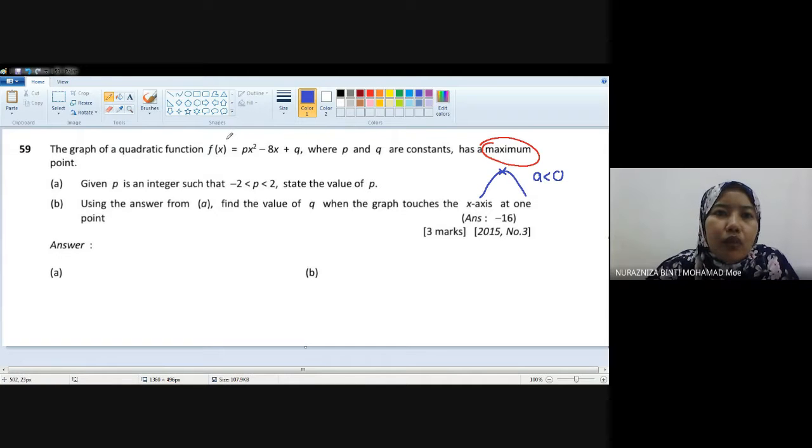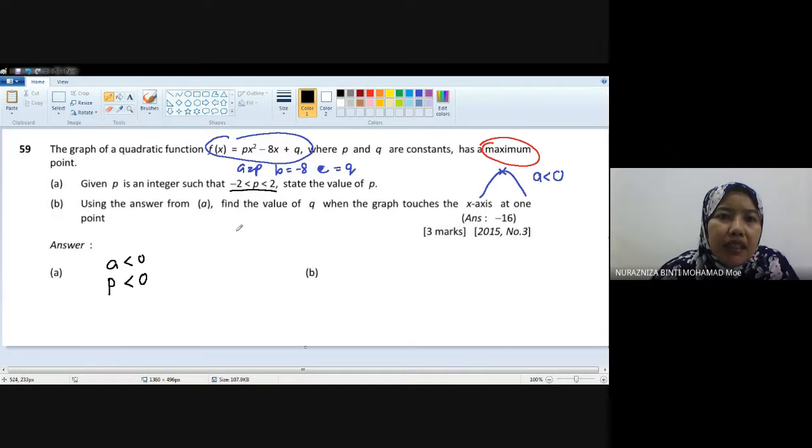Okay, from the equation given, a is equal to p, b is equal to negative 8, and c is equal to 2. So, a is less than 0 because it's a sad graph, therefore p is less than 0.